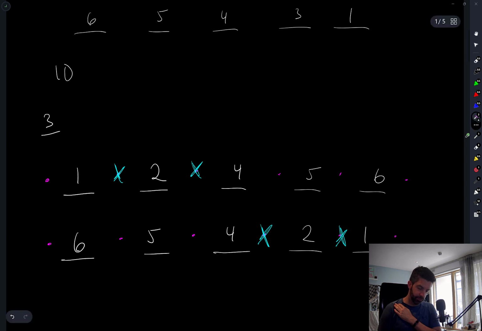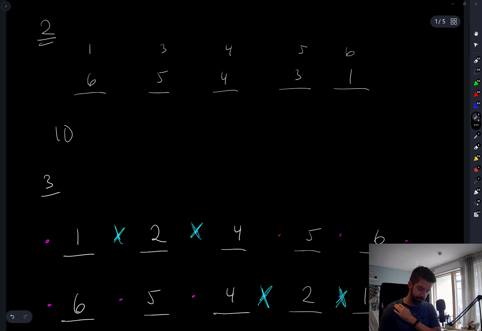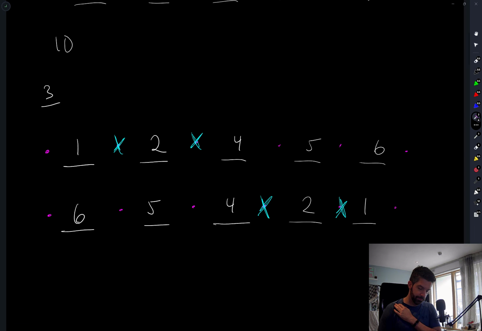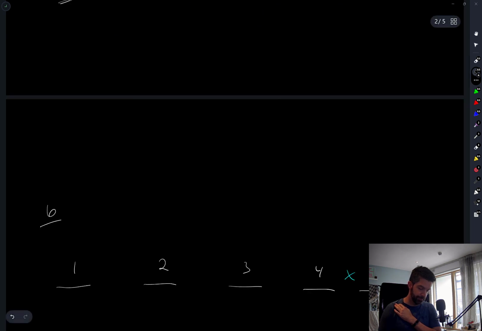This one has already been counted because that's the standard order. If I put the 3 there, that's already counted from when I put the 2 here. So there are 8 arrangements where the 3 can be removed.